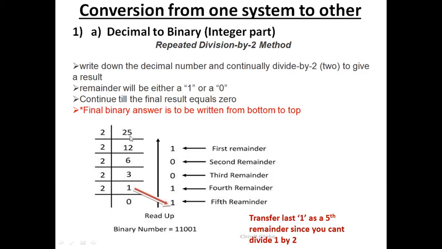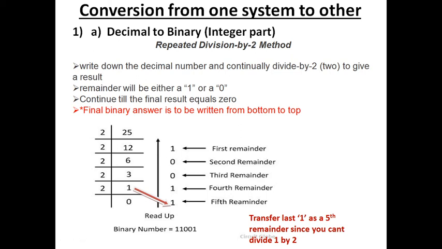You have to take a number, like here the example is 25, and keep on dividing by 2. You will get a quotient here, and on the right hand side you have to write a remainder. So 25 divided by 2 is 12, so the remainder is 1. Again it is divided by 2, quotient is 6, remainder is 0.